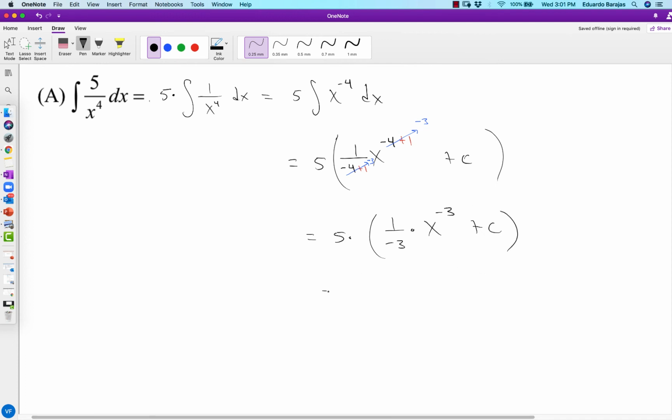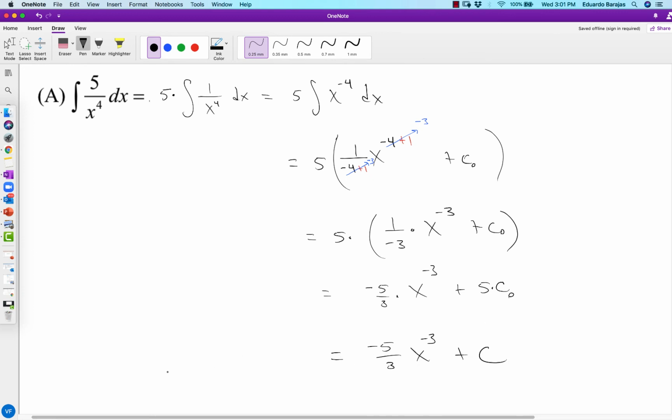Now we can distribute, and we get that this is negative 5 thirds times x to the negative 3 power plus 5 times this constant from there. So let's change it a little bit. Let's say that this is c sub naught. And now 5 times c sub naught, well, that's just equal to some constant, right? So it doesn't matter. This is negative 5 thirds x to the negative 3 plus some constant.